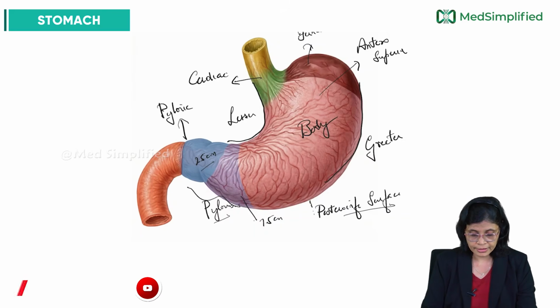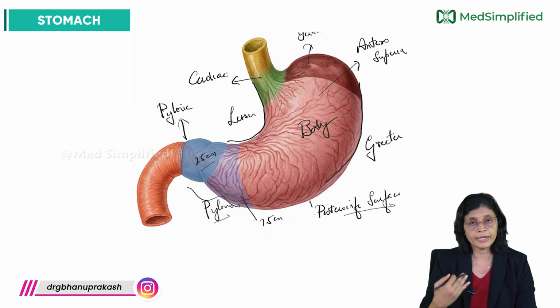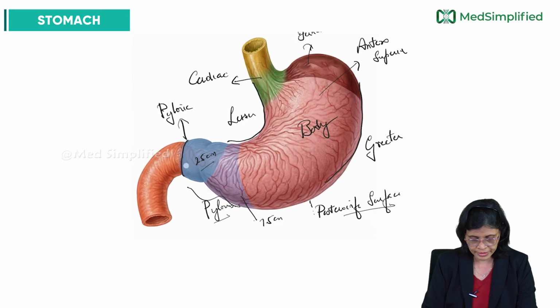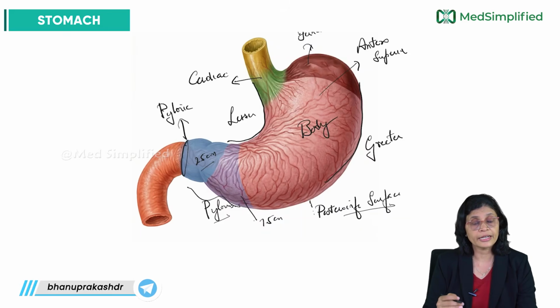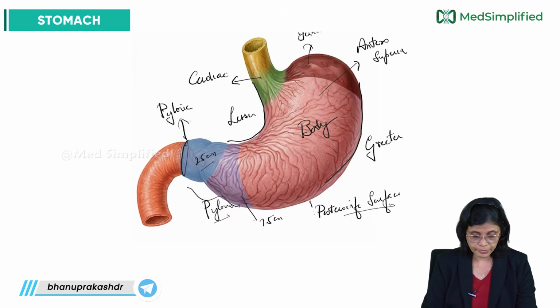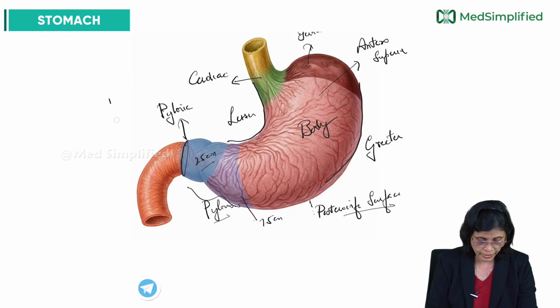When we see the cardiac orifice, it will be about 2.5 centimeters to the left of the median plane. And the pyloric orifice will be demarcated by a constriction, and we can identify the pyloric orifice in the living by the prepyloric vein of Mayo.